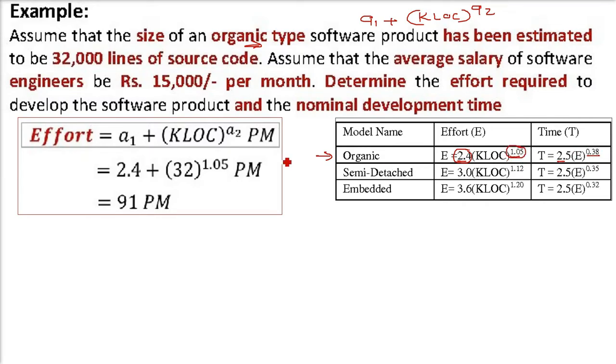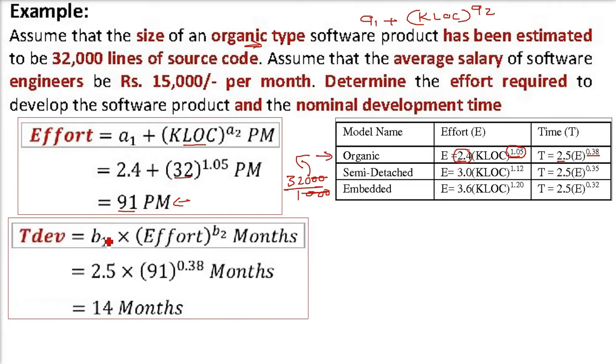And what is the kilo line of code? 32,000 is the line of code, but this is kilo line of code, so you have to divide 32,000 by 1000. So you get 32 KLOC. Now when you put these values into this expression, 2.4 times 32 to the power 1.05, you will get 91 person-months. This is the effort.